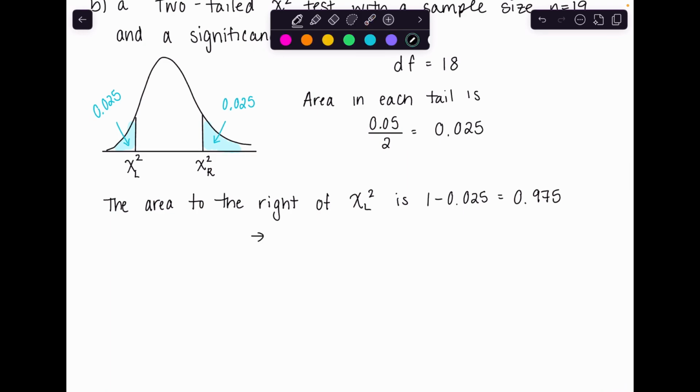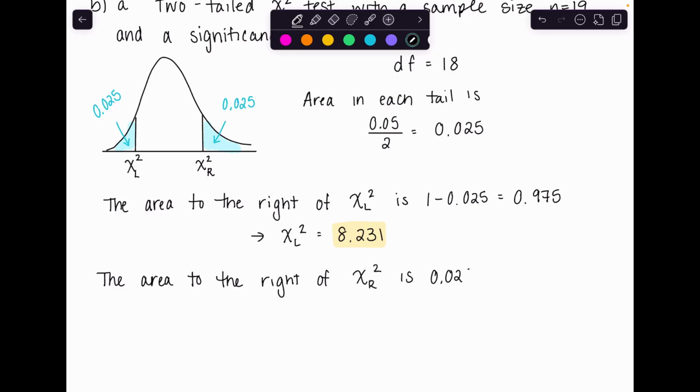So the left value is 8.231. Now I need to figure out my right value. So here the area to the right of the right cutoff is exactly 2.5%.